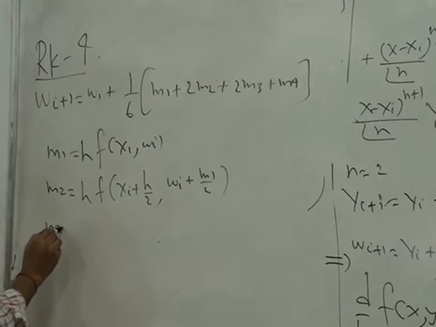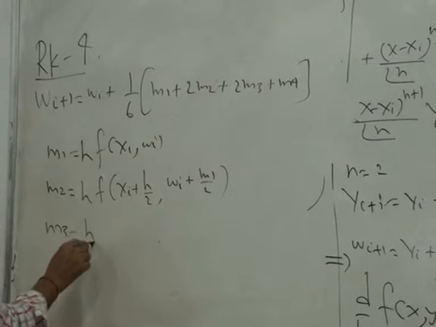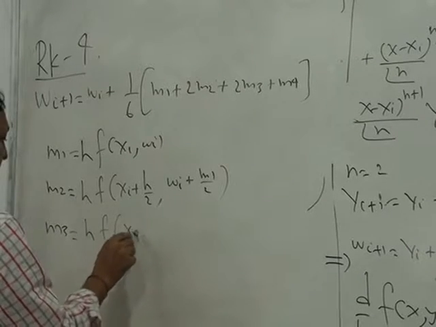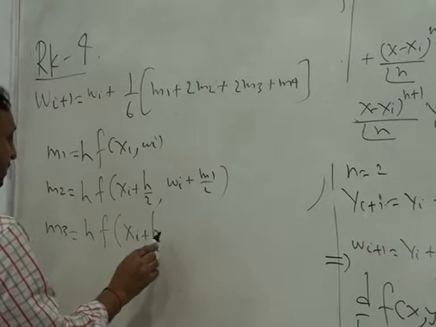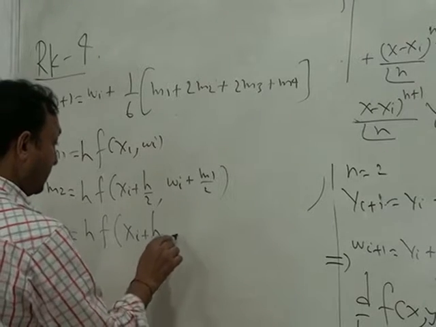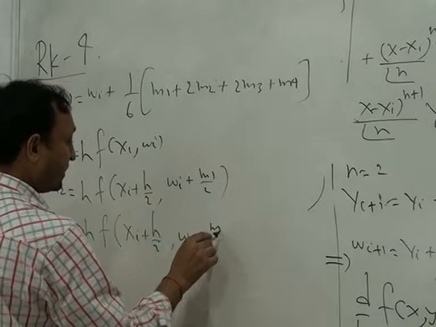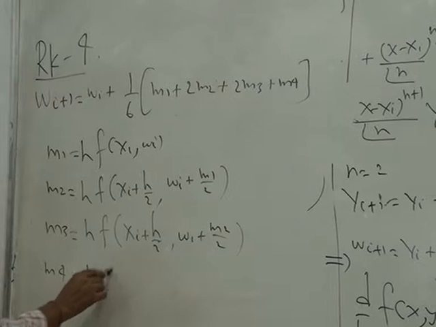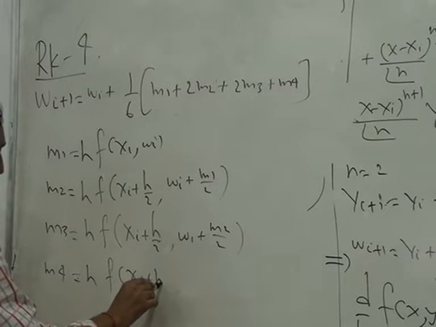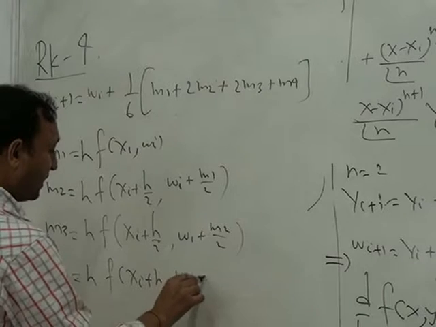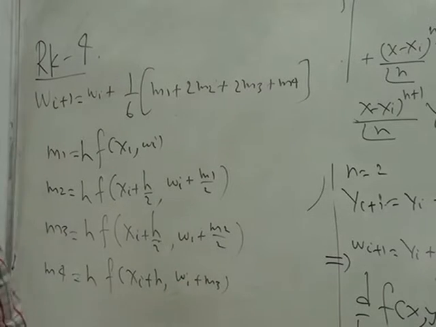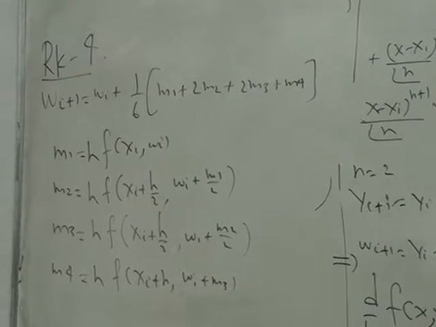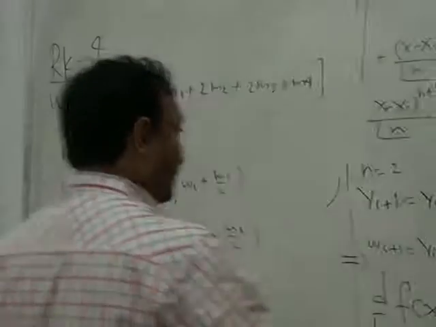And M3. I will do only one iteration, the rest you can do. M3 is h into f of xi plus h by 2, Wi plus M2 by 2, and M4 is h into f of xi plus h, Wi plus M3. Correct? This is what my scheme is. Now tell me, i goes from where to where?